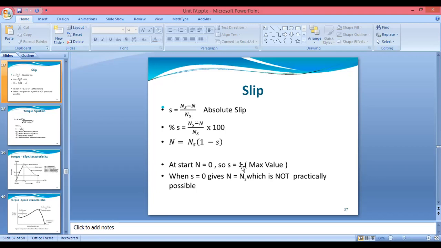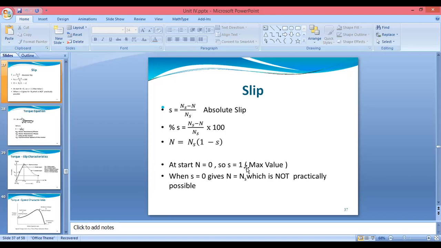So you can say slip equal to maximum at start. But if S equal to 0, you will get maximum speed because N equal to Ns. Practically, that is not possible, because when we use the three-phase induction motor, as we are not giving any external supply, its N will be 0 at start. So you will not get S equal to 0 practically. You will get S equal to the max value, that is 1.